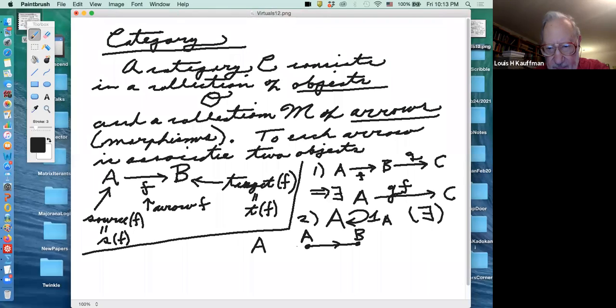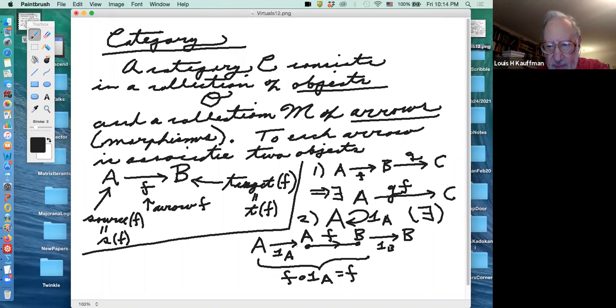There is an identity map from A to A. There's also an identity map from B to B. And then there's some map from A to B. Then this composition is the same as F, and this composition is also the same as F. We're doing F first, and then 1 sub B. So the identity maps act as identities on either end of the morphisms.